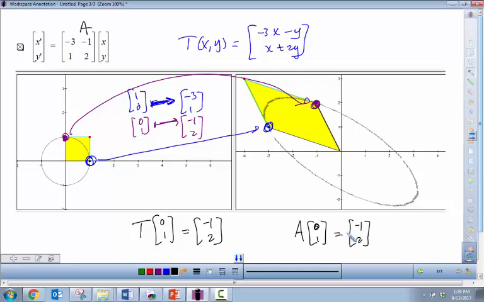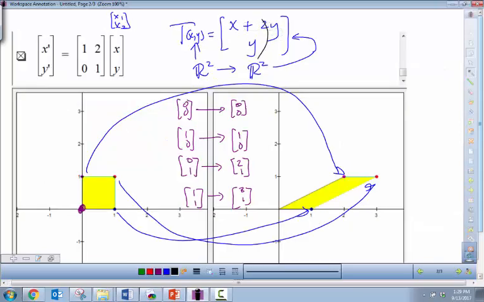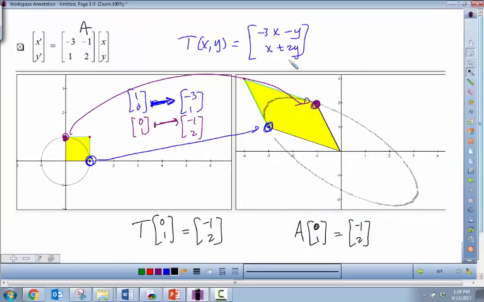I don't know if you can see the relationship between A and T. I think we talked about that already. The coefficients of the x are like the column vector.